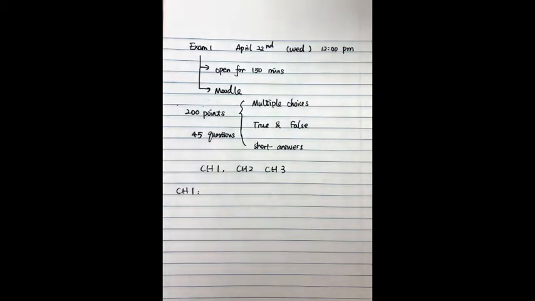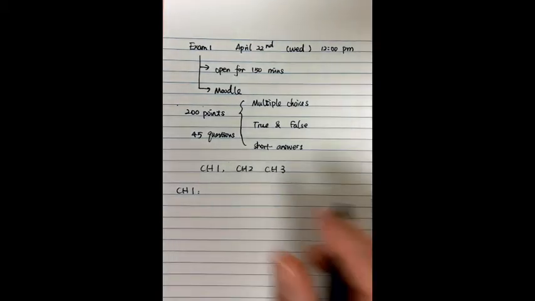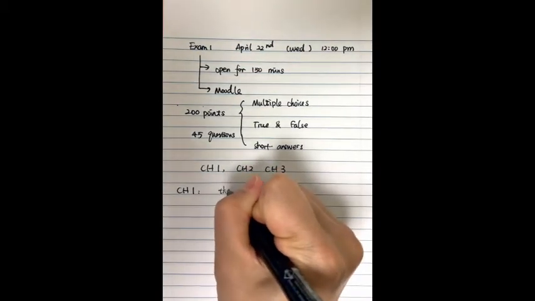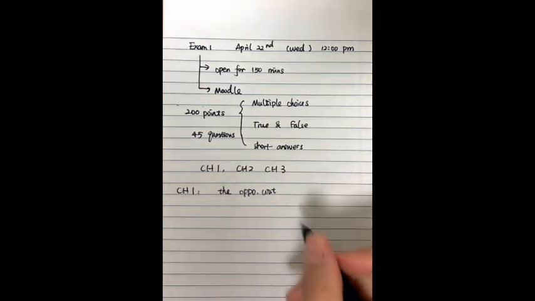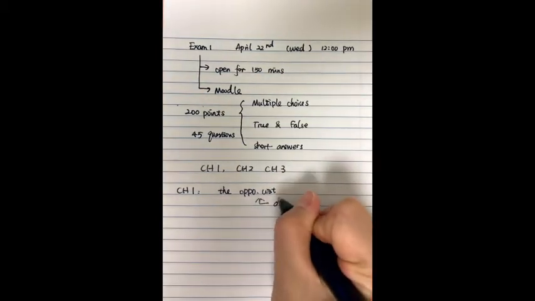In these, the most important thing I hope you can understand is the opportunity cost. We introduce it in chapter 1 and use this concept through these 3 chapters. I hope you will know its definition.